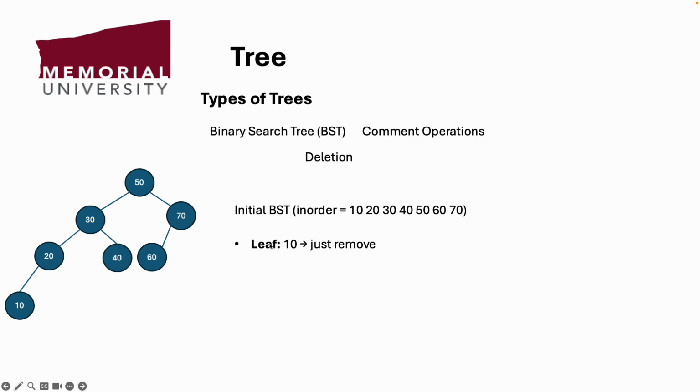Let's look at the first scenario: just delete a leaf. For example, delete the node 10. So we just find the node 10 and remove it. Second scenario: any node with only one child. For example, let's delete the node 20.